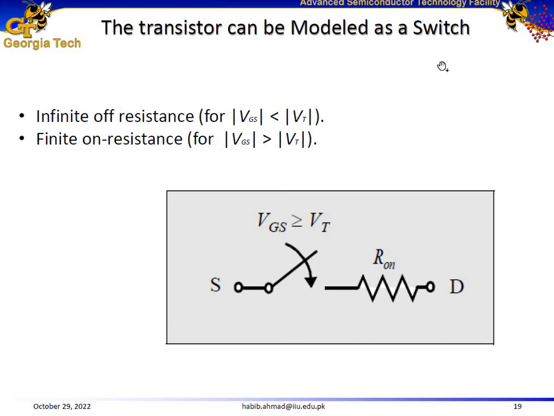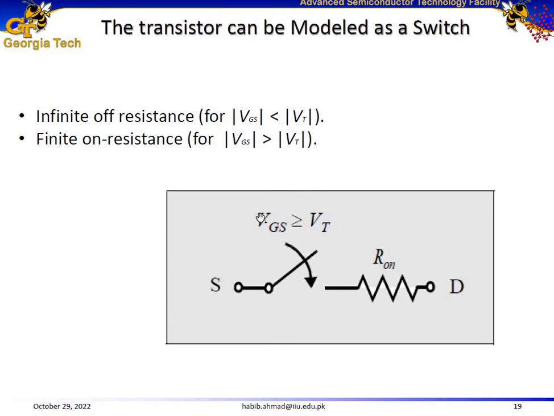So the transistor can be modeled as a switch. If the gate to source voltage, the input voltage, is less than the threshold voltage, the transistor is going to be off. If VGS is less than threshold voltage, it's going to be in cutoff because the channel is not formed.